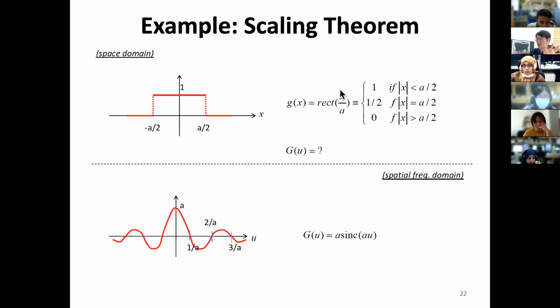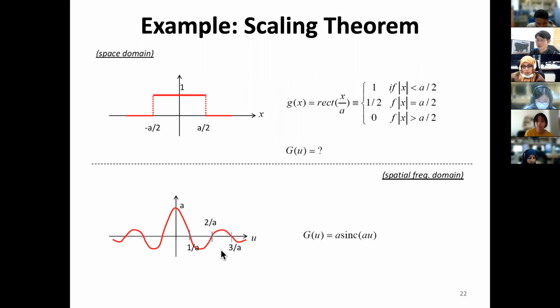You can define it this way, and you will realize this rect function in the spatial frequency domain is a sinc function, but instead of x over a, this is like an expansion by the factor of a, because to get the same value you have to expand x multiplied by a, and that becomes actually the inverse. So a sinc of a u.